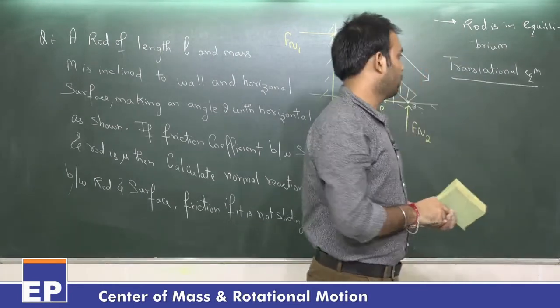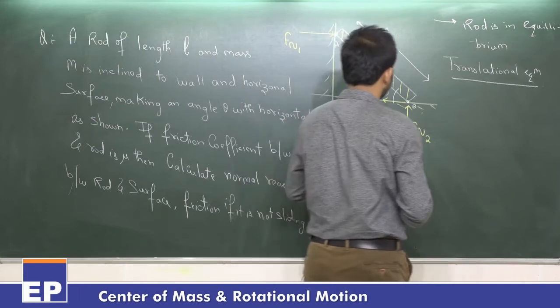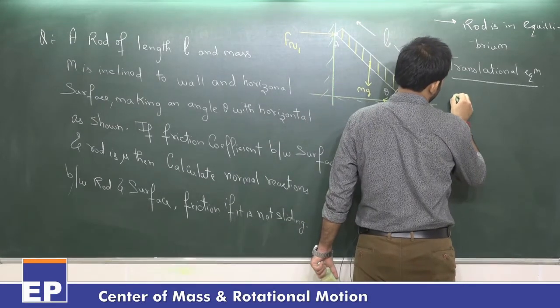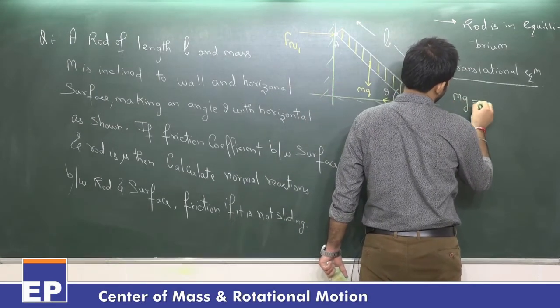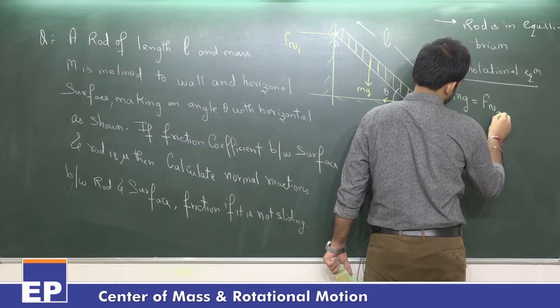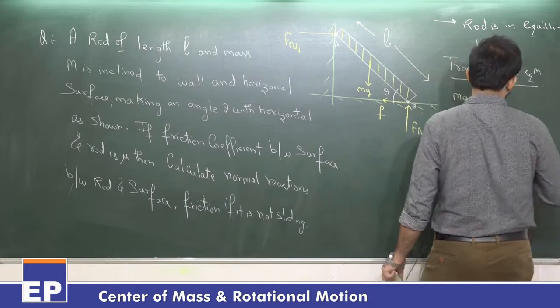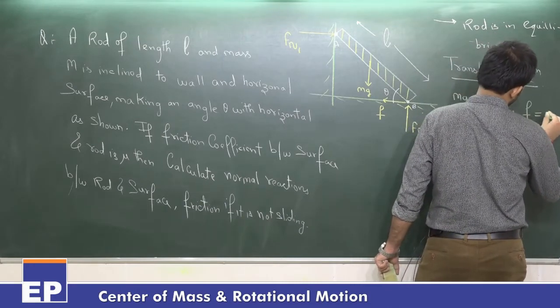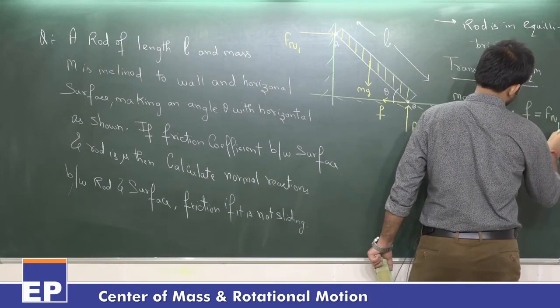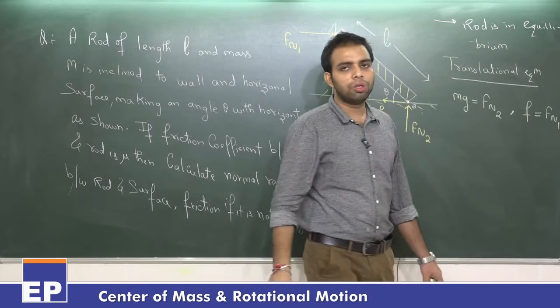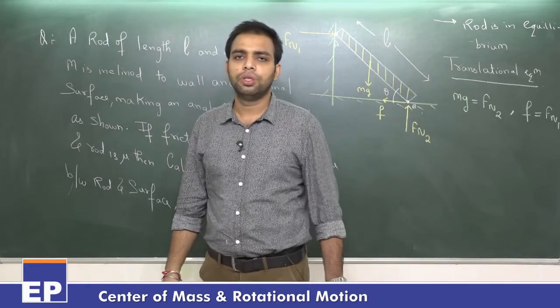So what is the net force in vertical direction? That is mg and Fn2. So mg should be equal to Fn2. And in this direction, that is Fn1 and friction. These are the two equations for the translational equilibrium.